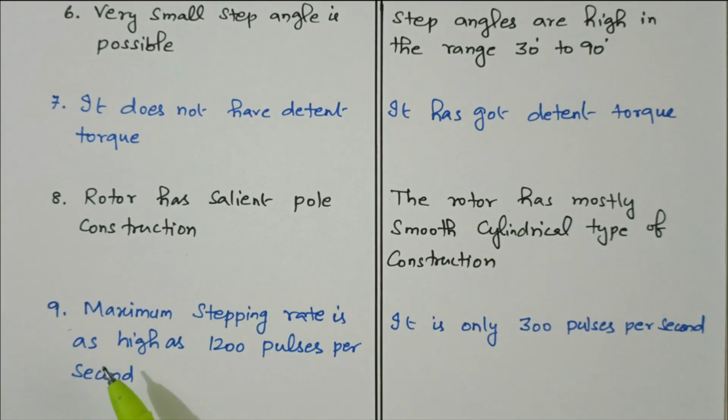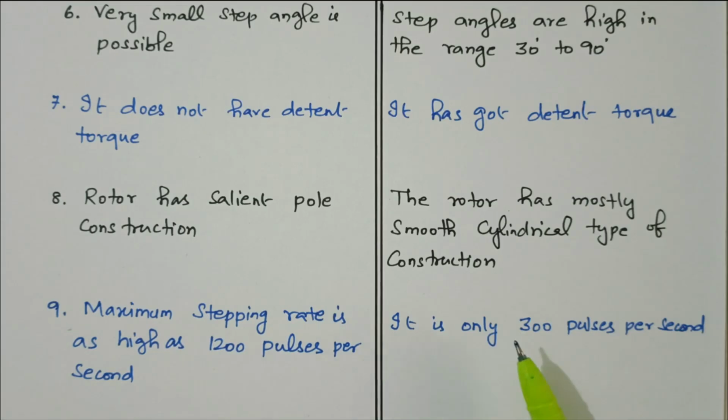The last point is maximum stepping rate. It is as high as 1200 pulses per second here. It has only 300 pulses per second here. So the variable reluctance stepper motor has more advantages: high starting torque, fast dynamic response, small step angle, large number of poles, and higher maximum stepping rate.